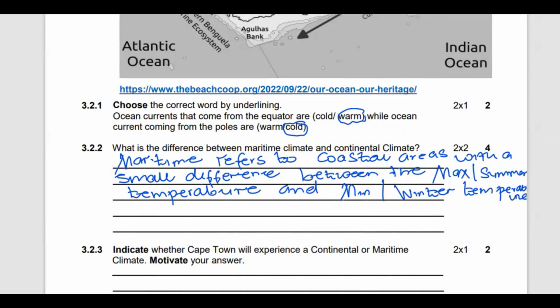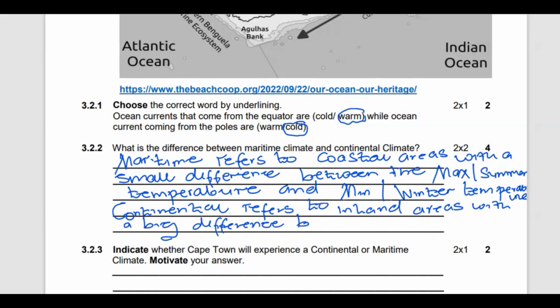Then when you talk about continental climate, continental refers to inland areas with a big difference between the summer and winter temperature.